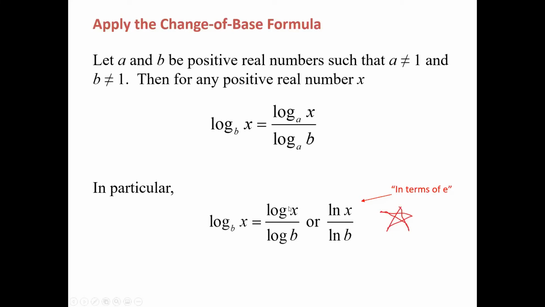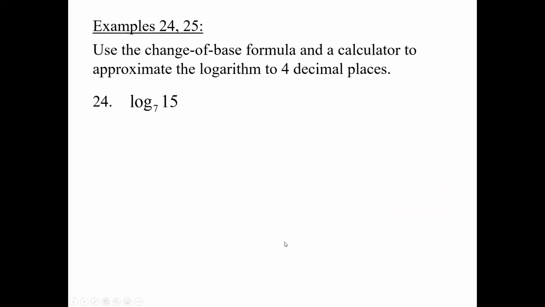Well, all they want you to do is, instead of using log, use natural log of x over natural log of b. I put this star here because it shows a problem that says convert this in terms of e, or a natural log, and they're looking for an answer like that one.